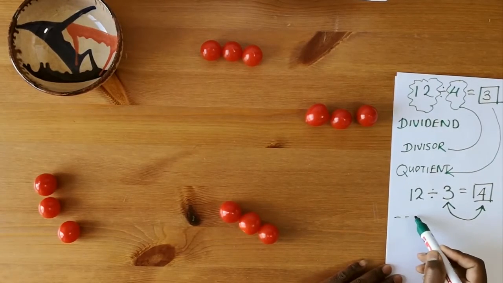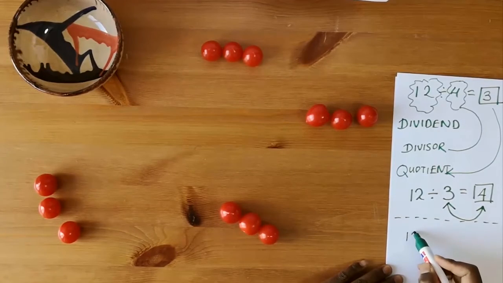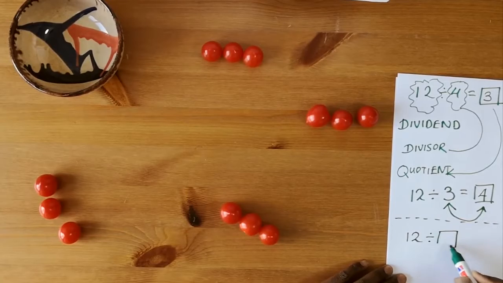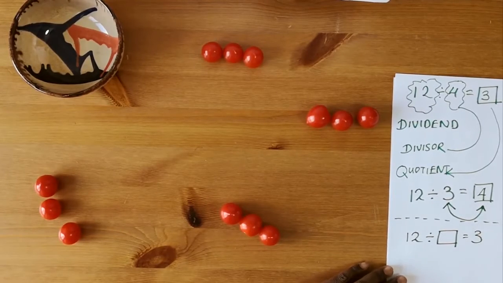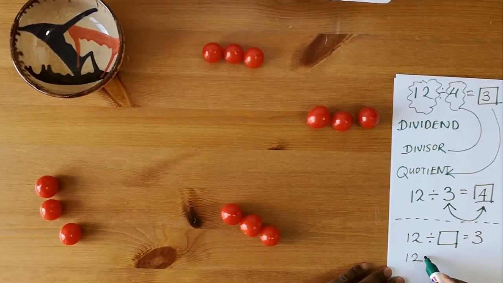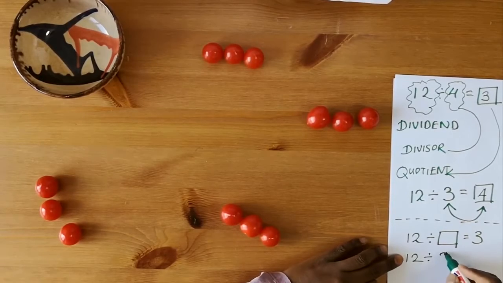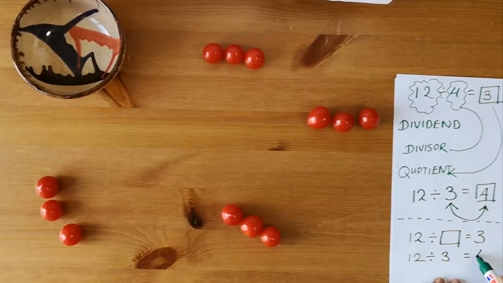Now this knowledge is very valuable when you get questions like this. 12 divided by something equals 3. If you don't know the answer, all you have to do is take 12 divided by 3, which equals 4.